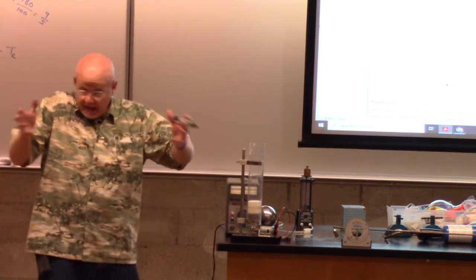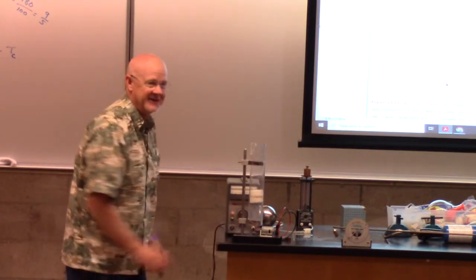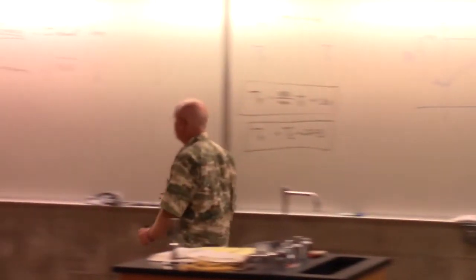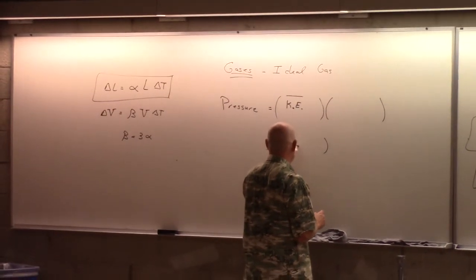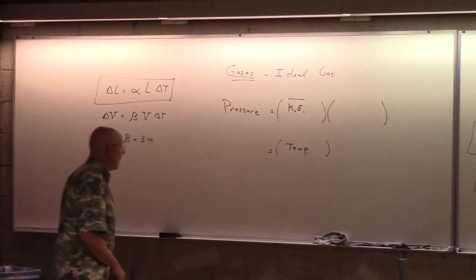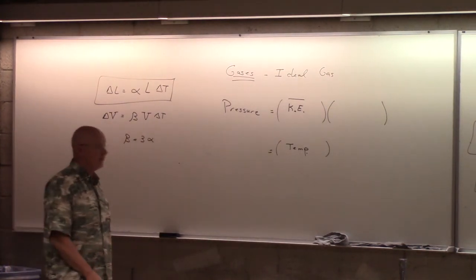What does a warm gas look like? And so we're going to then see that if we take our mechanics, we're going to say that the motion of them is related to their kinetic energy.